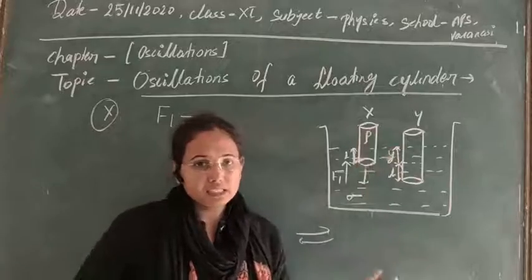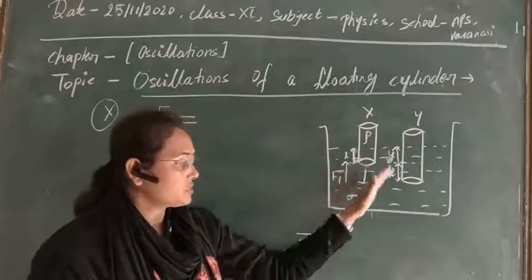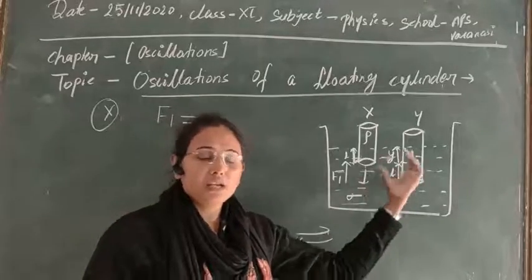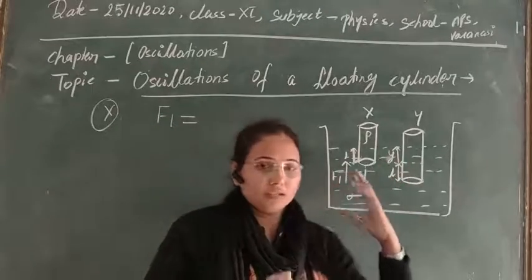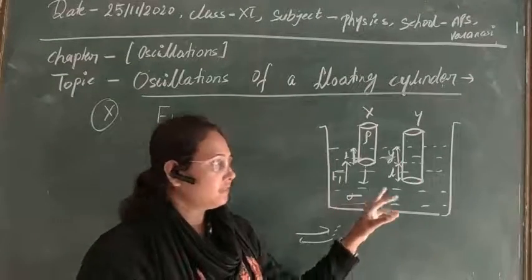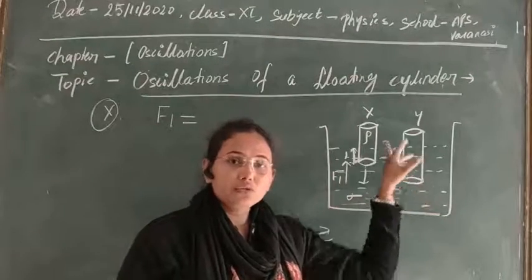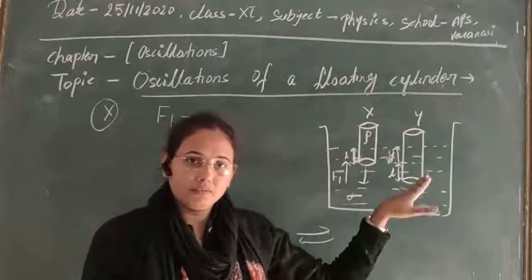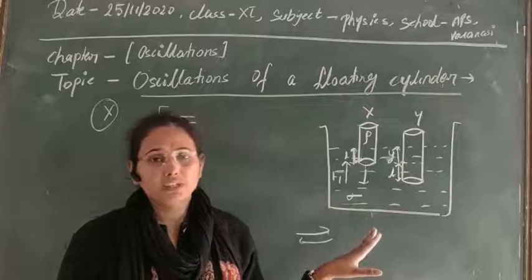So that's why we can say that due to this displacement, an oscillation will be set up in the system, and in that oscillation a restoring force will always act, and the direction of the restoring force will always be opposite to the direction of displacement.